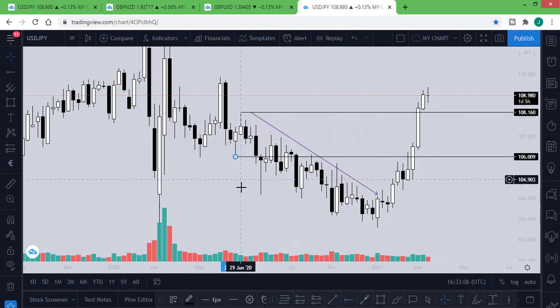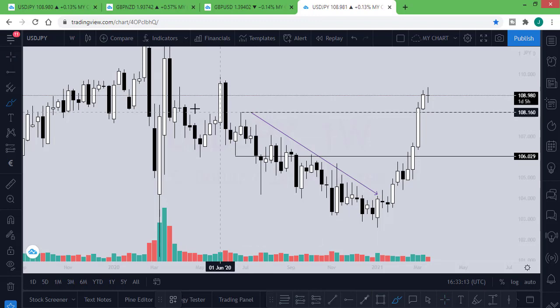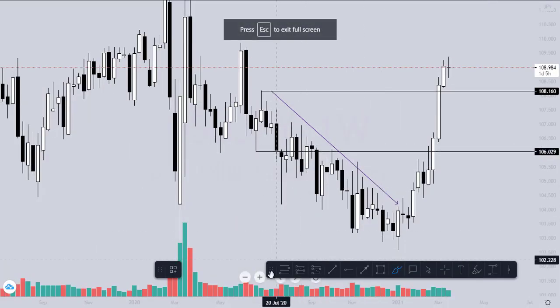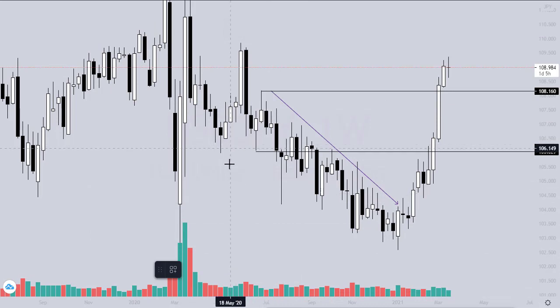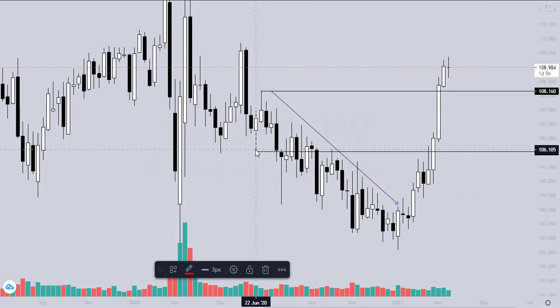Let me use a full screen so that you can see it better. Okay guys, this is your trading range. You see how market was pushing down, retracing, pushing down. This is your trading range.